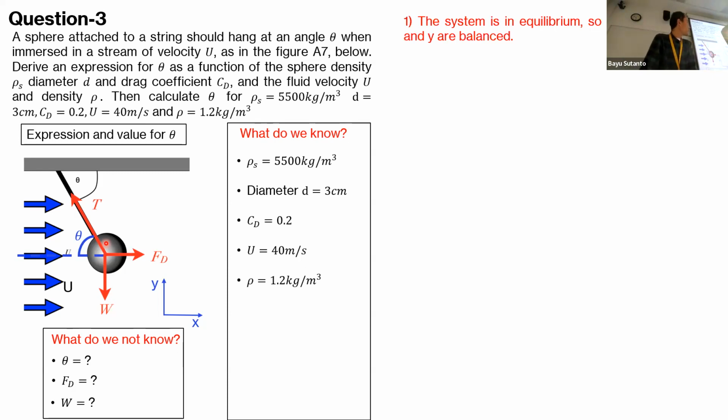The system is in equilibrium, so the forces in x and y are balanced, and moments too. So I think the force equations are sufficient. In the x direction, the positive must equal the negative, and likewise y. So in x, the drag force FD must be equal to T cos theta.